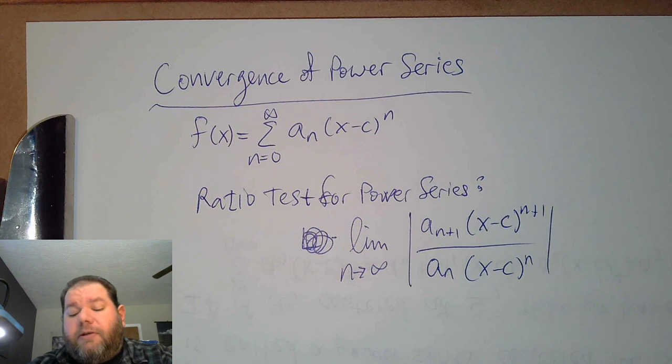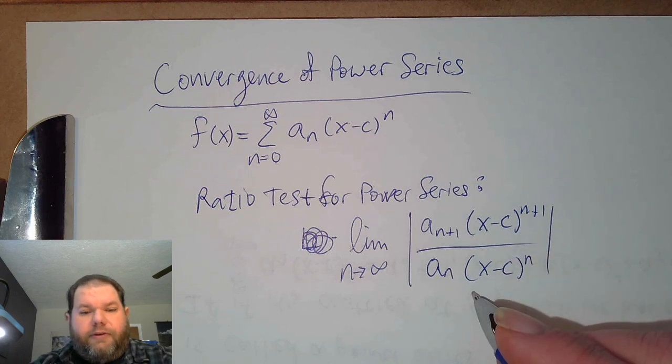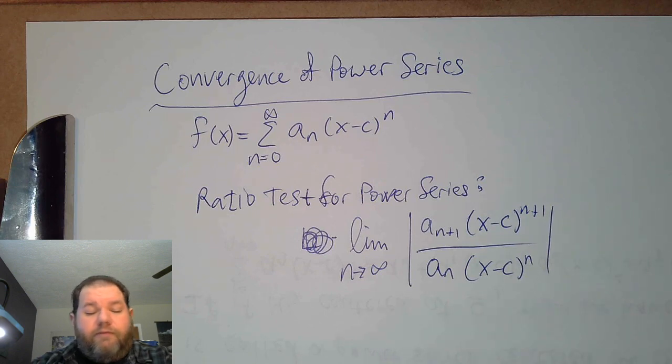But we'll take the limit of this quotient, the n plus 1 term divided by the nth term, as n goes to infinity. And for convergence, we want to find the values of x for which this limit is less than 1.